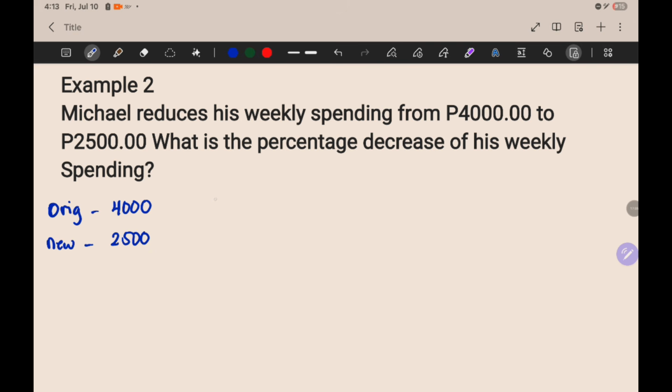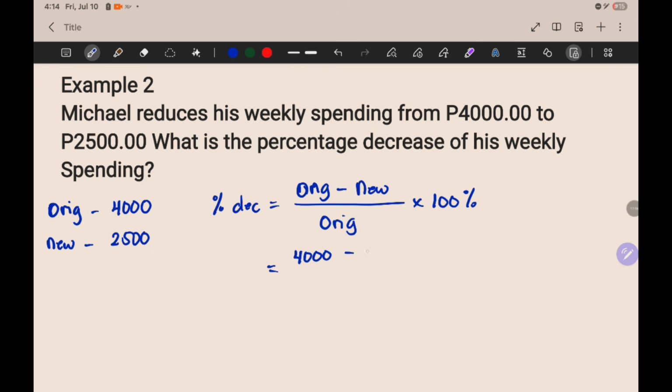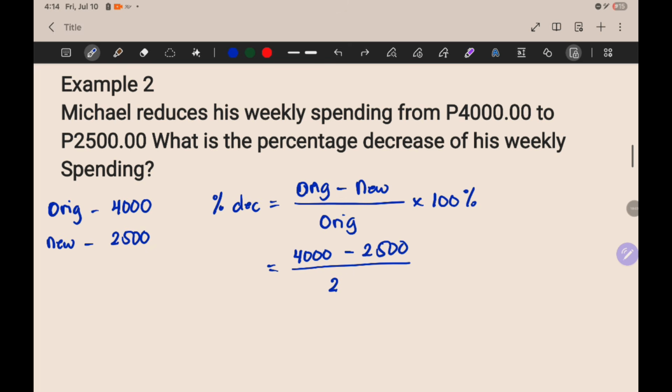So, again, use the formula. Percentage decrease is equal to the original value minus the new value all over the original value times 100%. So, substitute natin, original value is 4,000 minus 2,500 all over 4,000 times 100%.